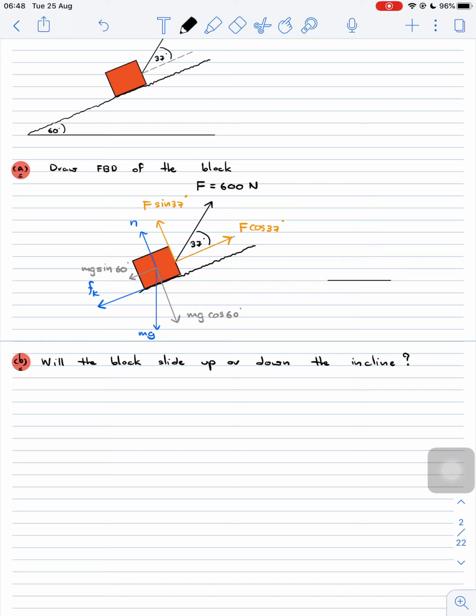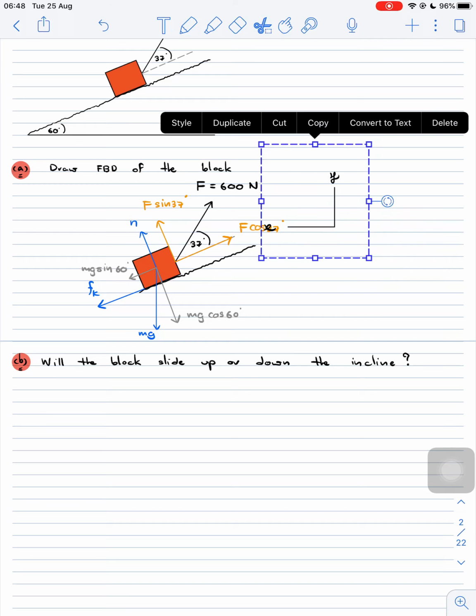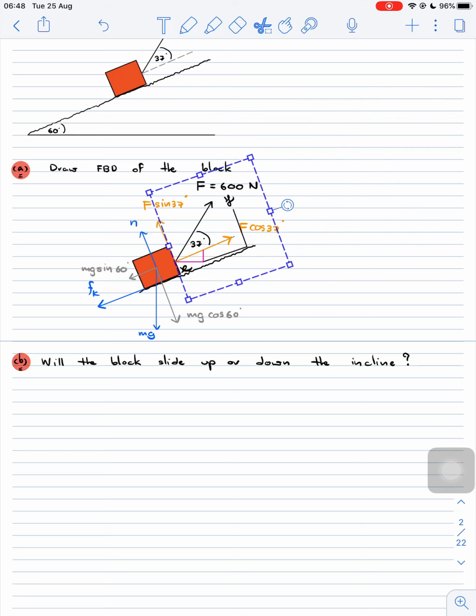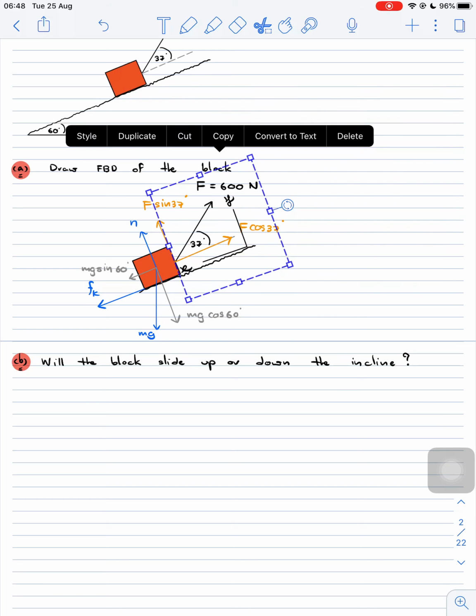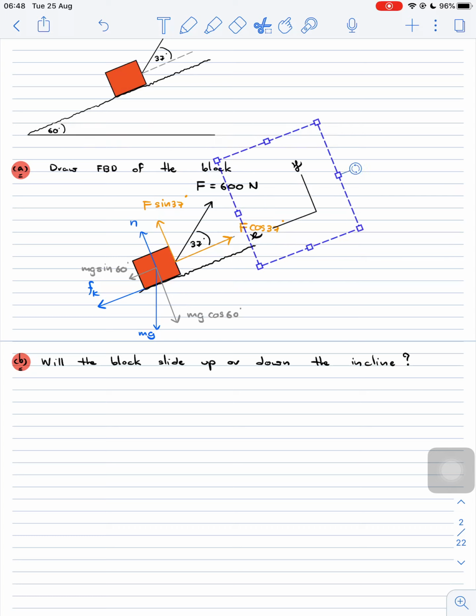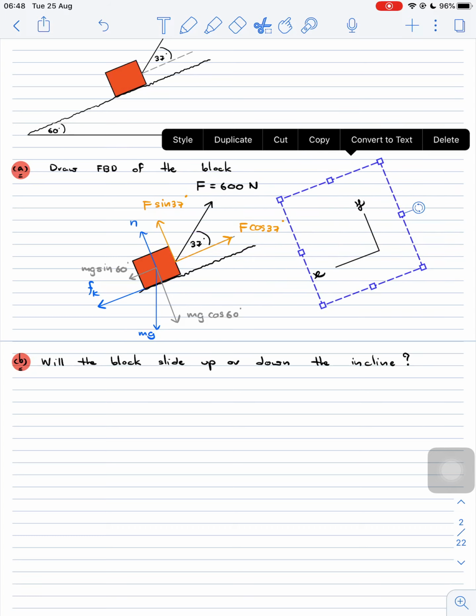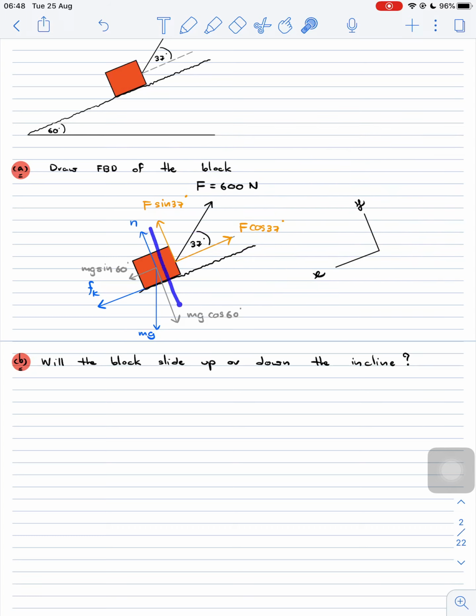Okay, so now let's set up the axis here. As usual, the direction perpendicular to the incline is going to be the y-axis, and the direction along the incline is going to be the x-axis here. So this is the y-axis and this is the horizontal axis, right?